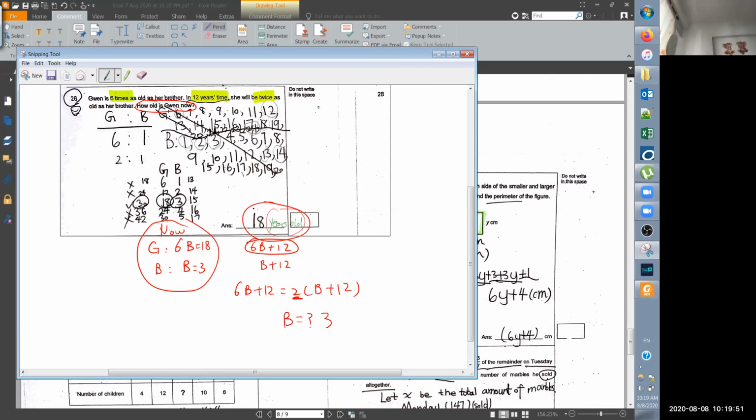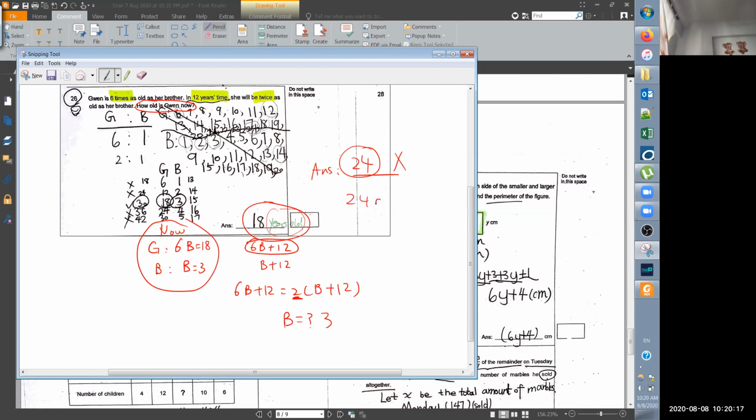Unit, remember the unit. Next time, when you are asked to find the answer, if you have, let's say, 24, ask yourself what is the unit for this 24, because every answer must have a unit. If you have no unit, you get penalized.